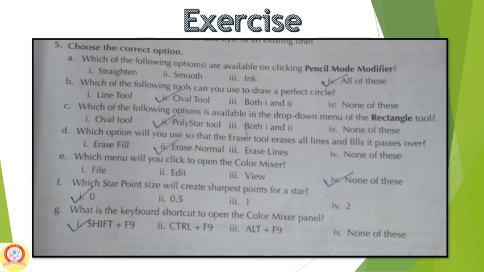Which star point size will create the sharpest point for a star? 1 0, 2 0.5, 3 1, 4 2. So it's 1, 0. What is the keyboard shortcut to open the Color Mixer panel? 1 Shift plus F9, 2 Control plus F9, 3 Alt plus F9, 4 none of these. So it's Shift plus F9.